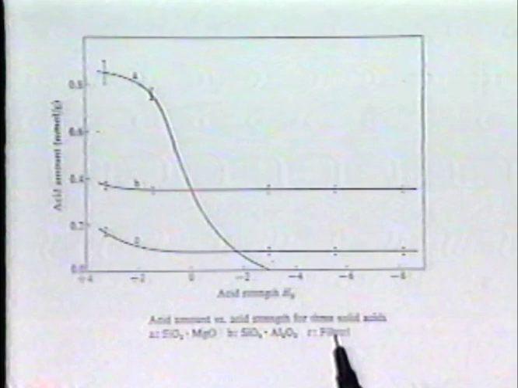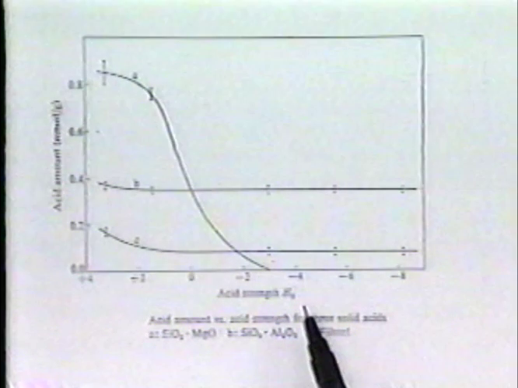Here are a few examples taken from practical materials in which the Hammett function, H0, is plotted against the amount of acid. In other words, these curves are distribution curves for the acidic strength.